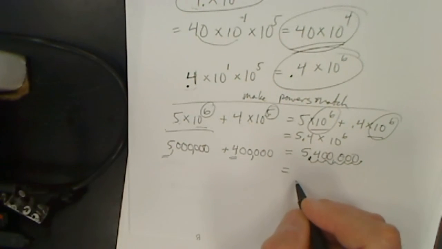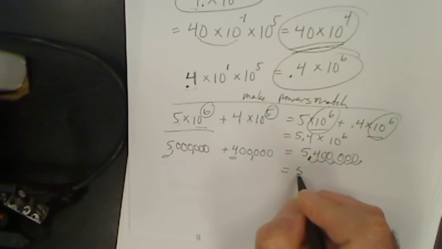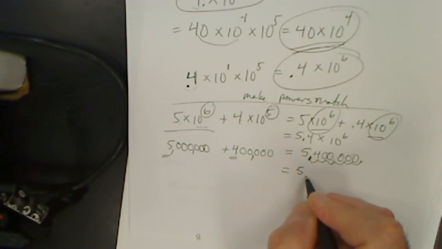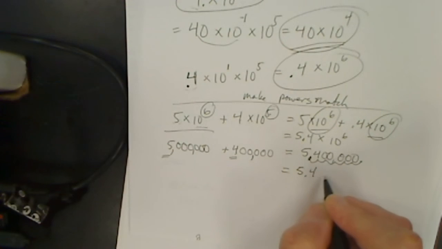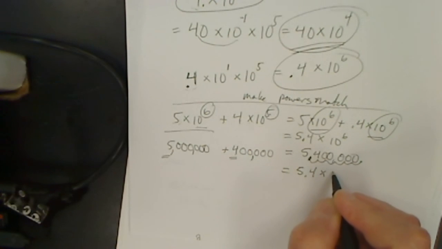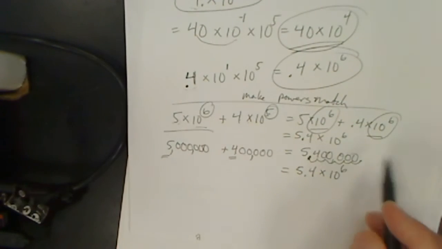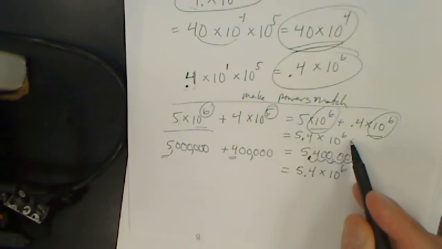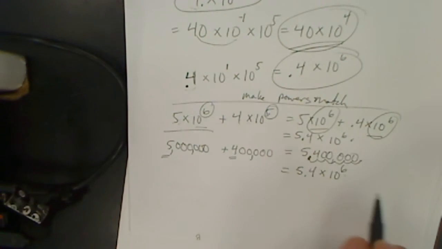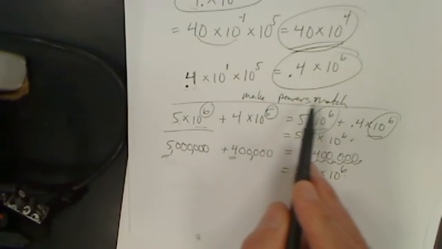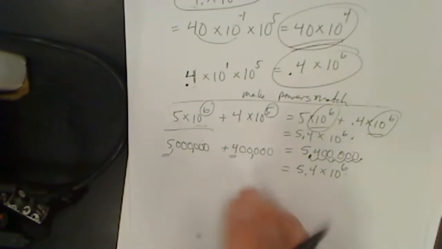So what's the number in scientific notation? 5.4 times 10 to the 6th, right? The same answer. So the trick is that you have to make the powers match. Okay, let's try it again.